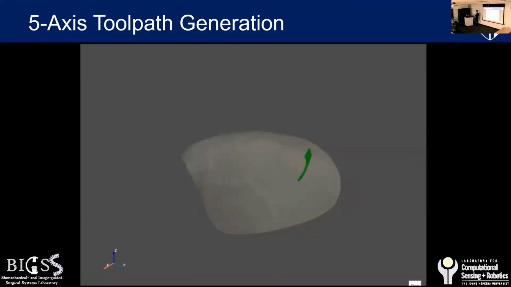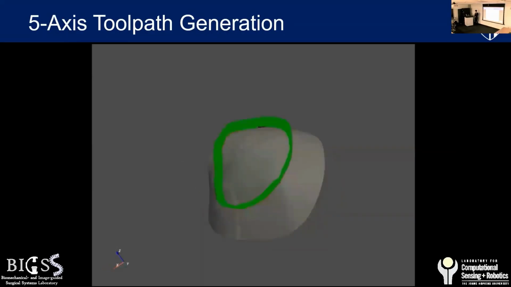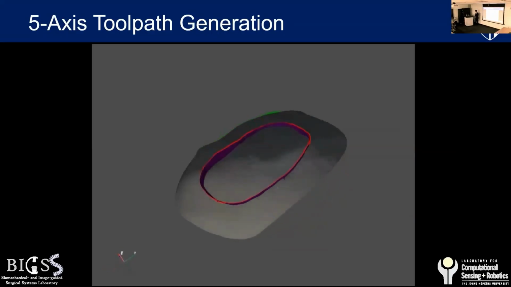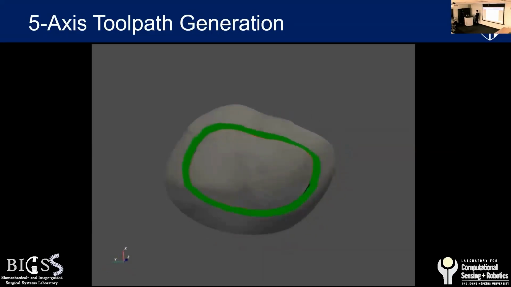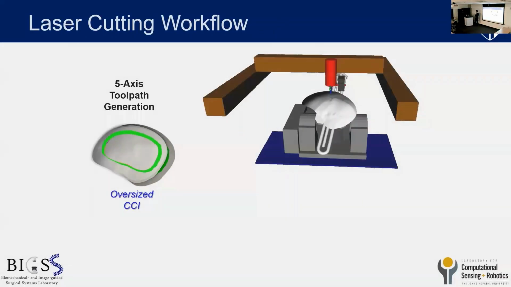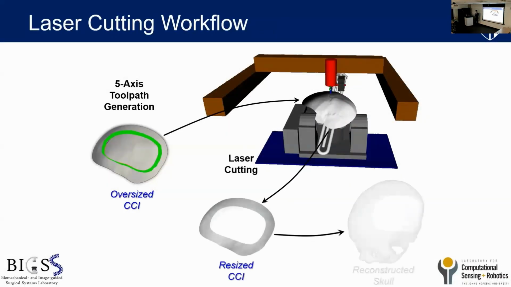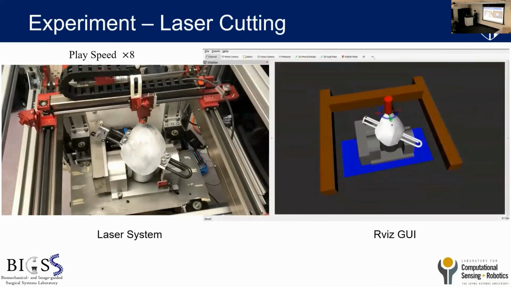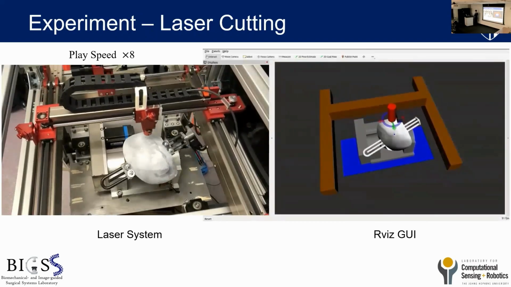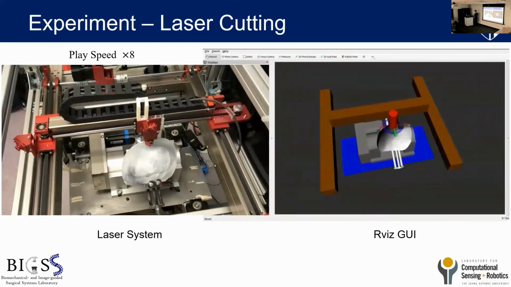And this video demonstrates the cutting toolpath generation. And once we generate this 5-axis laser toolpath, we can send it to the system to cut the implant. And this demonstrates the laser cutting of the implant.